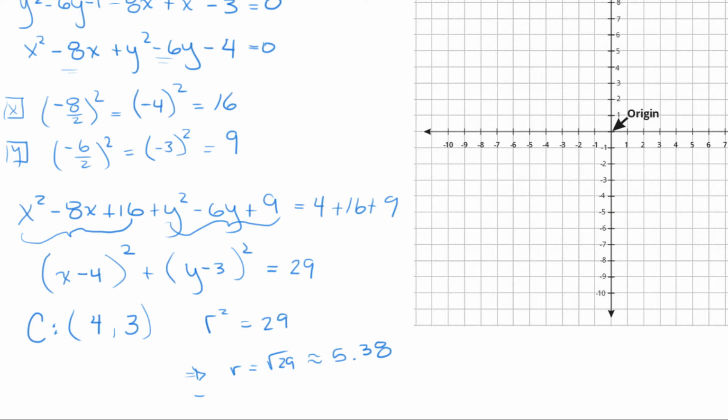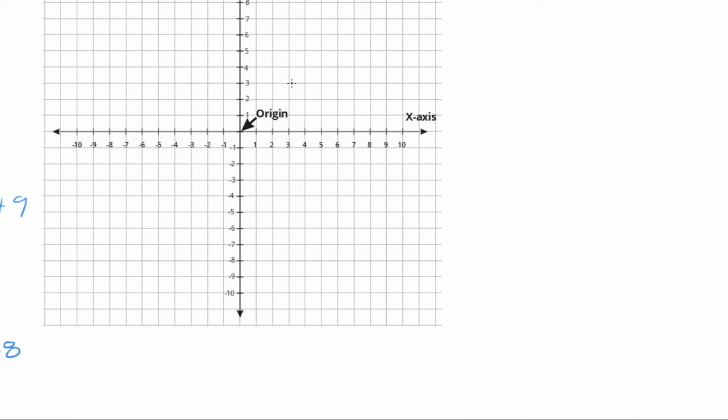So let's graph it. So center of 4, 3, so right here. It's 5.38, so I'm going to have 5 units down. 1, 2, 3, 4, 5, and then 0.38. 5 units to the right. 1, 2, 3, 4, 5, and 0.38.